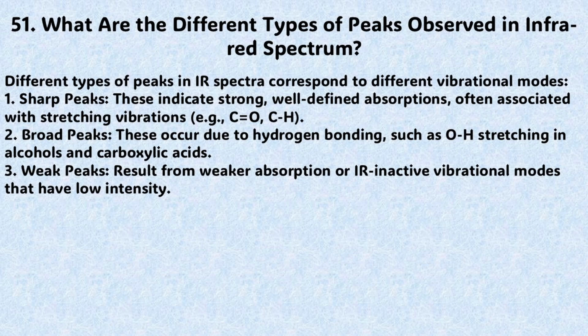Broad peaks: these occur due to hydrogen bonding, such as OH stretching in alcohols and carboxylic acids. Weak peaks result from weaker absorption or infrared active vibrational modes that have low intensity.